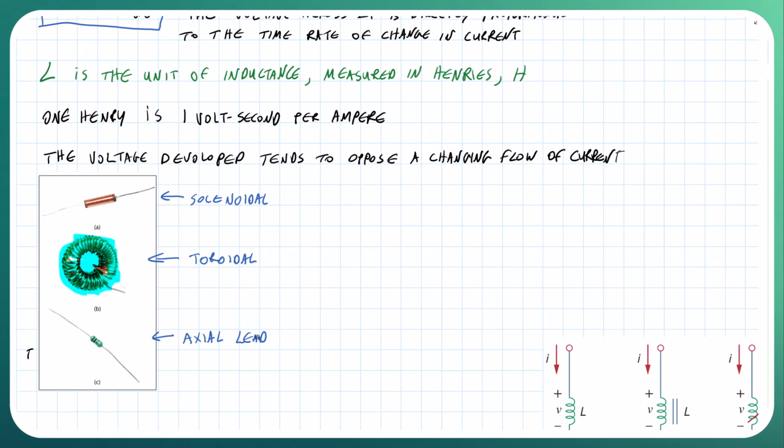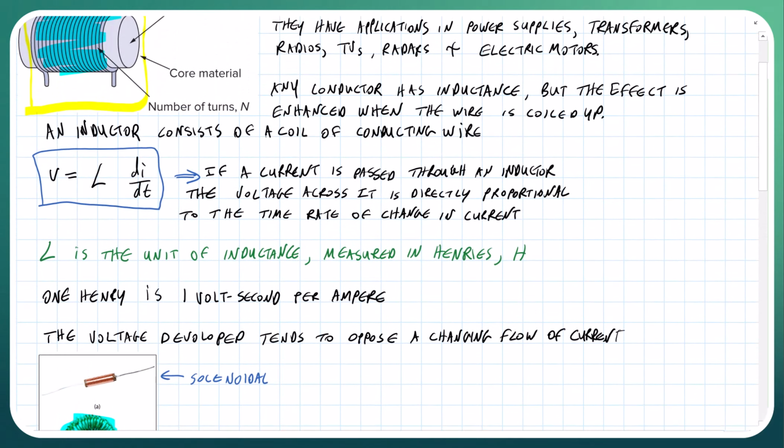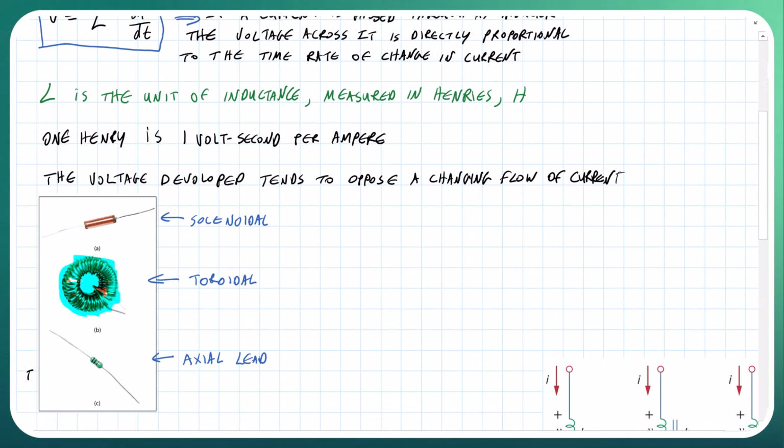If we look at the solenoid version, the first one, we can come up with L equals n squared mu A over little l.